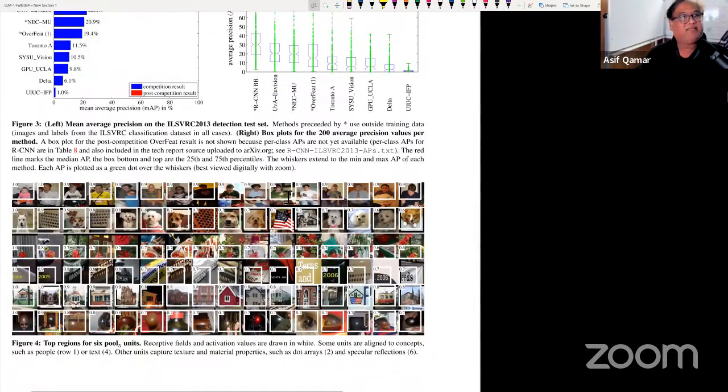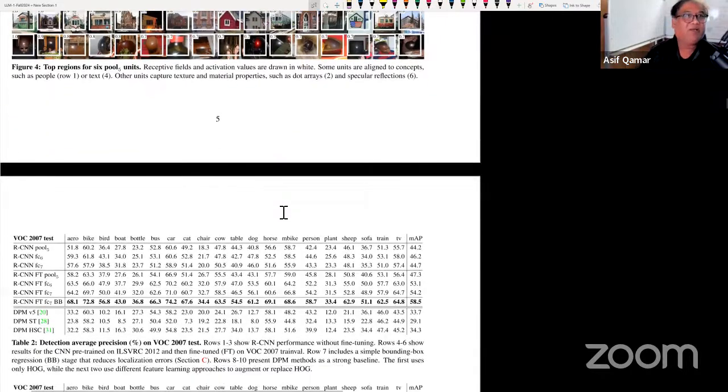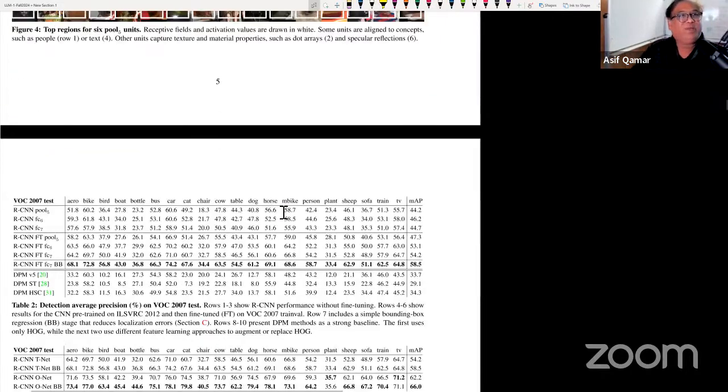But the basic thing is that out of all those boxes, you had some way to determine which boxes you care about and which you don't, and which ones therefore lead to good images, that you use an SVM for. Now, this is 2014. In those days, support vector machines were still doing very well for computer vision tasks.